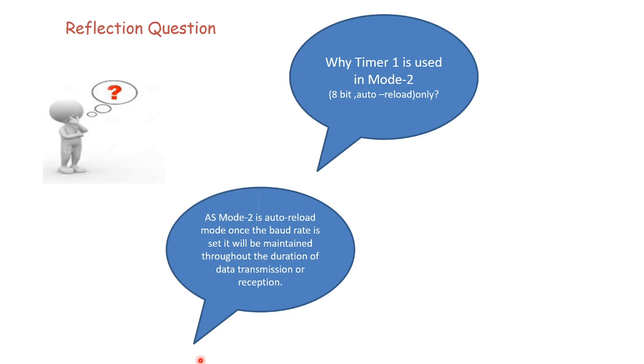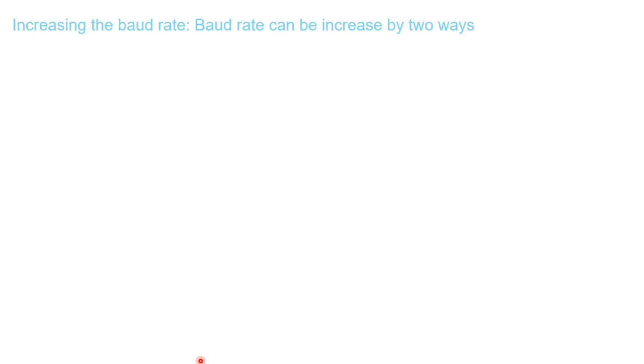Now the answer is: as mode 2 is auto reload mode, once the baud value is set, it will be maintained throughout the duration of data transmission and reception. That is why this mode is used.